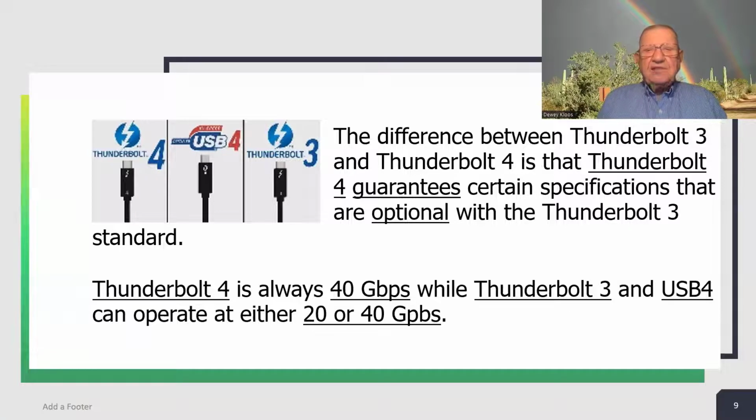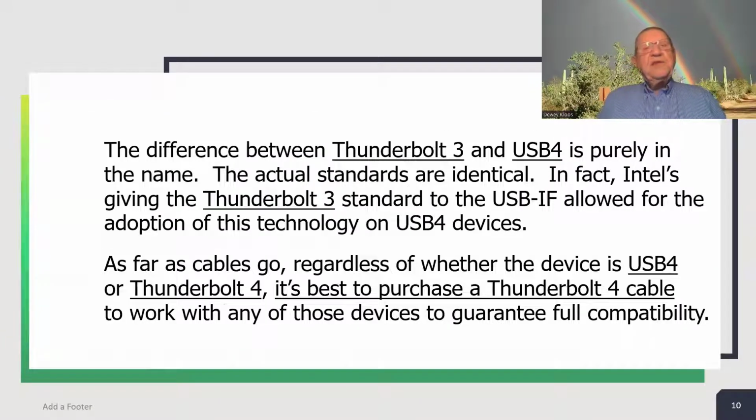Thunderbolt 4 is always 40 gigabits per second, while Thunderbolt 3 and USB4 can operate at either 20 or 40 gigabits per second. But by the way, there are some special specifications for that 40 gigabit speed. The difference between Thunderbolt 3 and USB4 is purely in the name. The actual standards are identical.